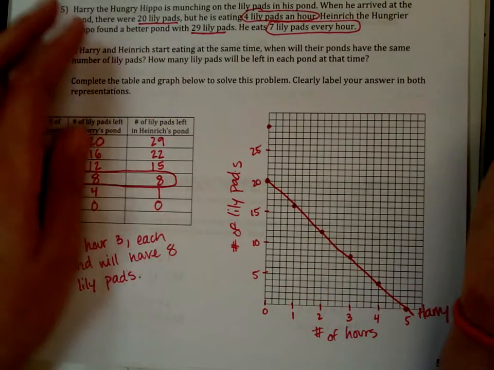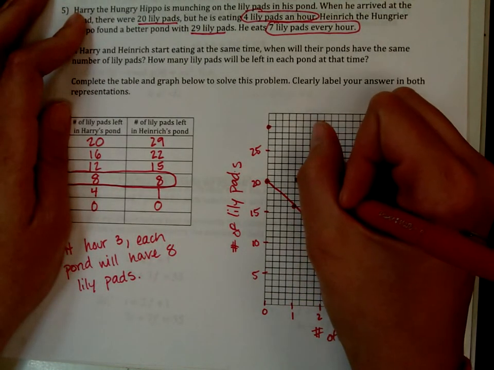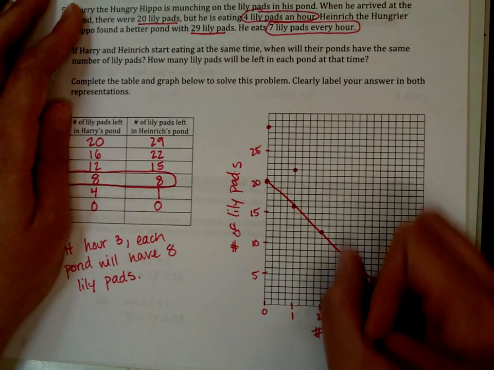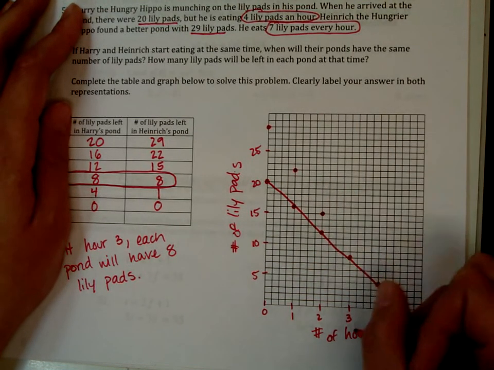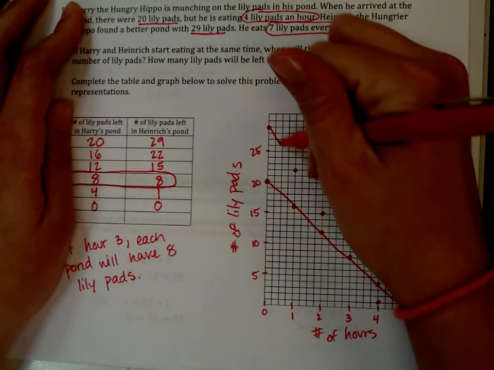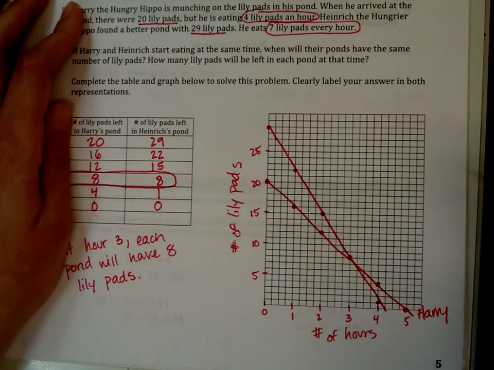And then Heinrich starts at 29. And he goes down by 7. So at 1 hour, he's at 22. 2 hours, 15. 3 hours, 8. 4 hours, 1. And this is Heinrich.